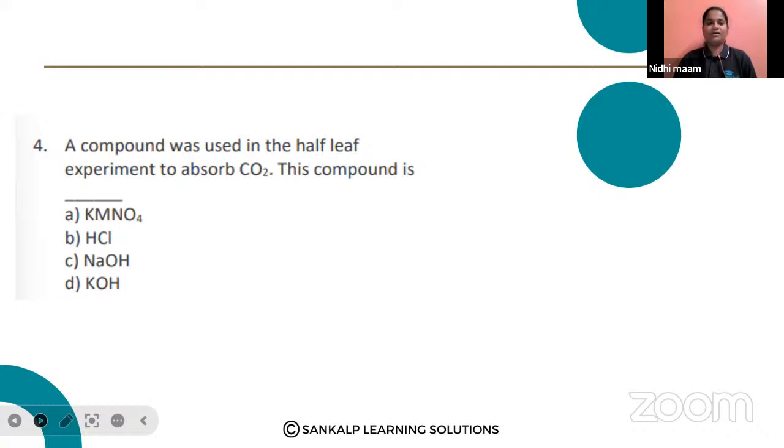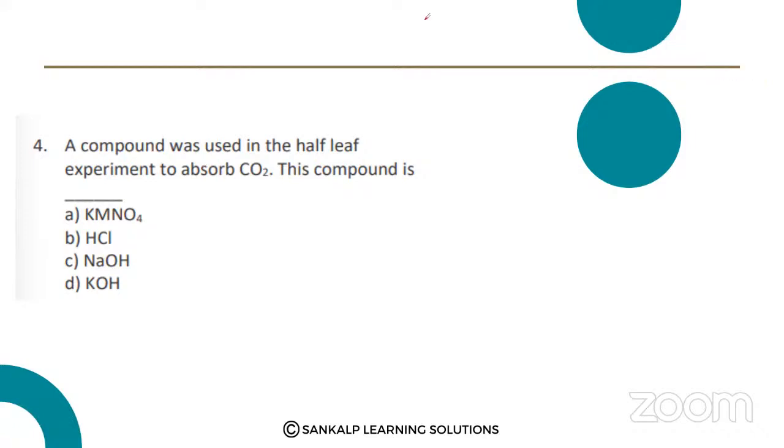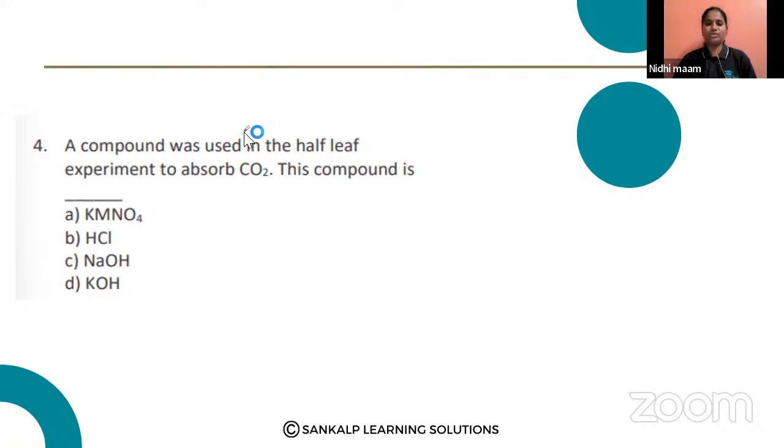Potassium permanganate, hydrochloric acid, sodium hydroxide, potassium hydroxide. Yes, a compound was used in the half-leaf experiment to absorb carbon dioxide.